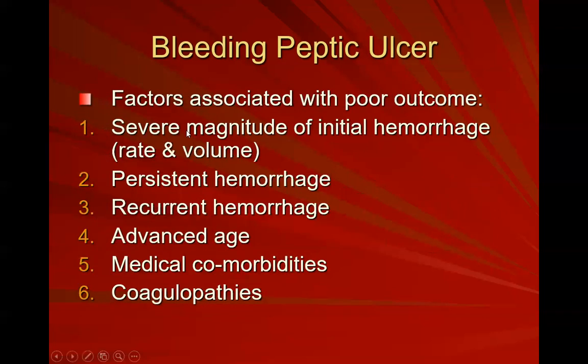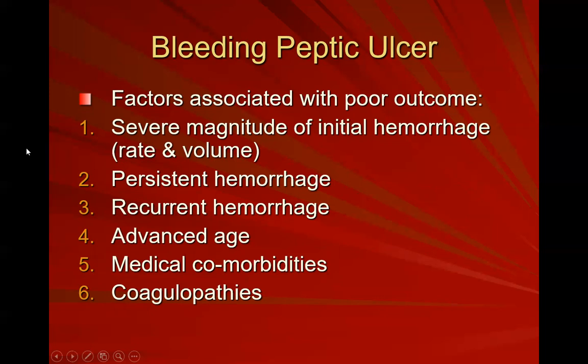There are certain factors that are associated with poor outcome in peptic ulcer disease, especially if the rate of the bleeding and the volume were voluminous to start with.